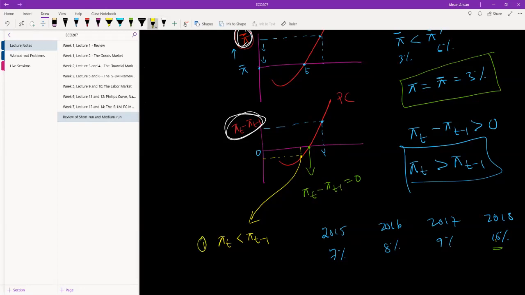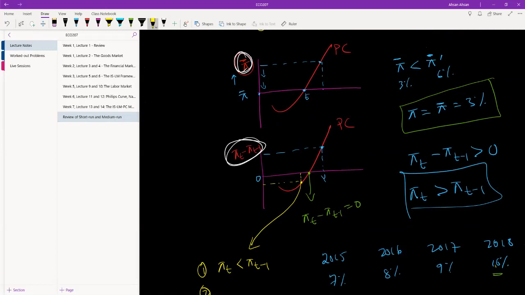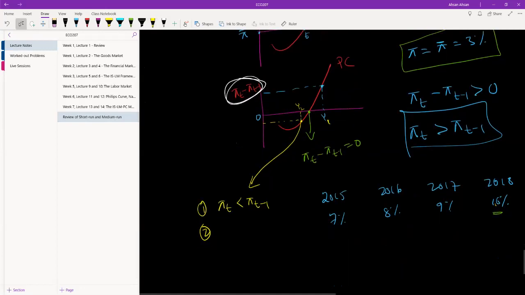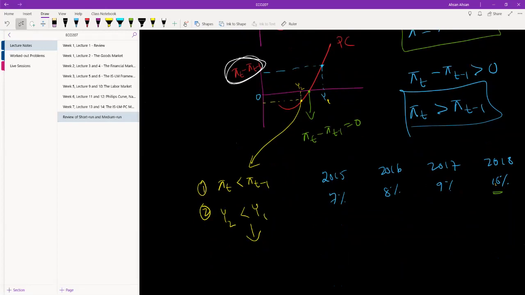But what's the other thing that has happened? Suppose this is Y1 and this is Y2. What do we see? Y2 is less than Y1. So in order to not just stabilize the inflation, but bring inflation down, the government has had to create a recession.